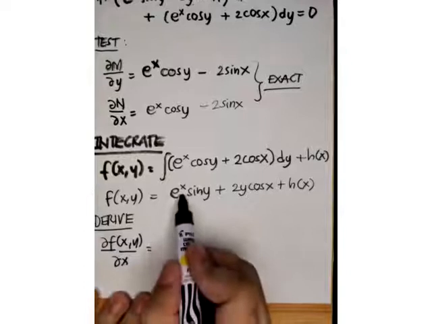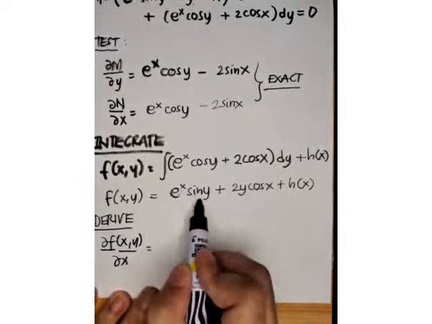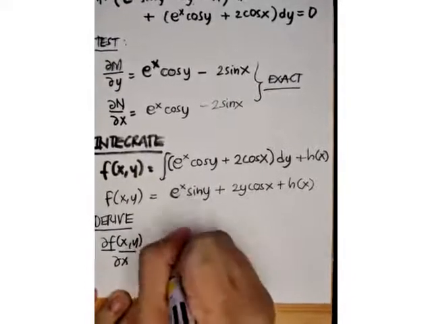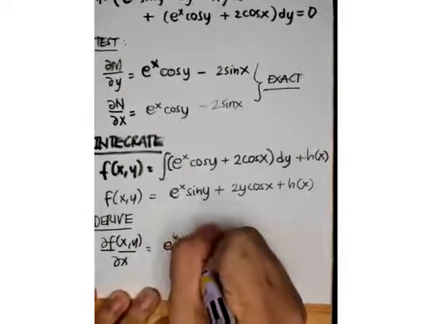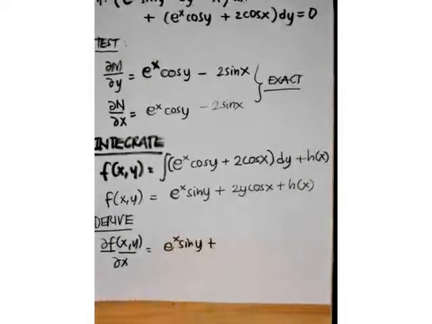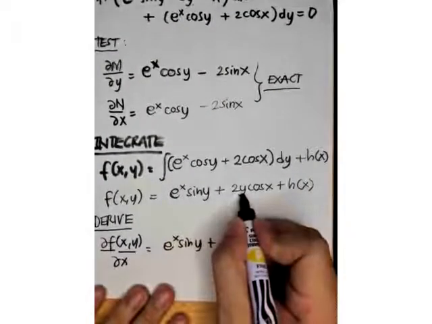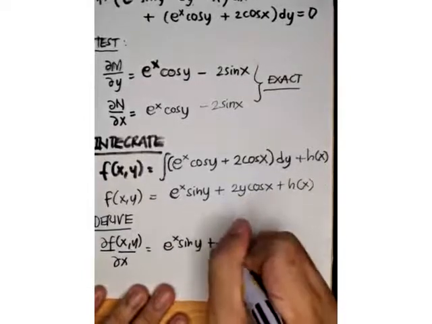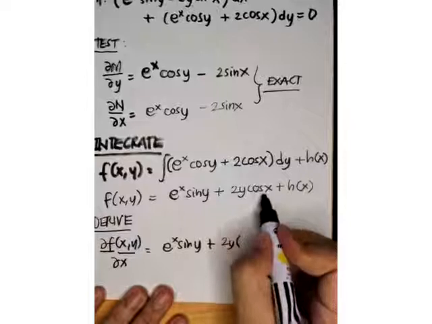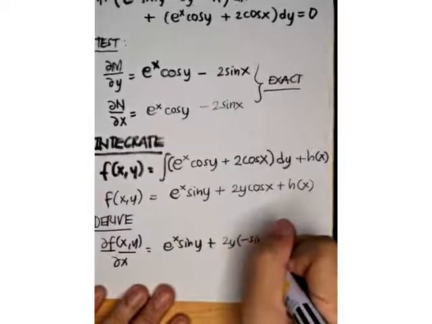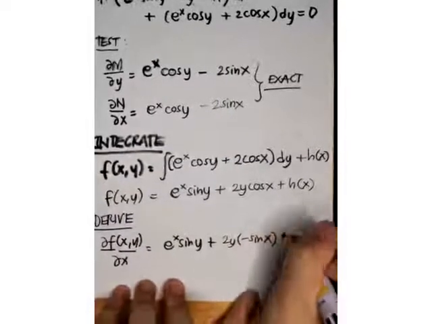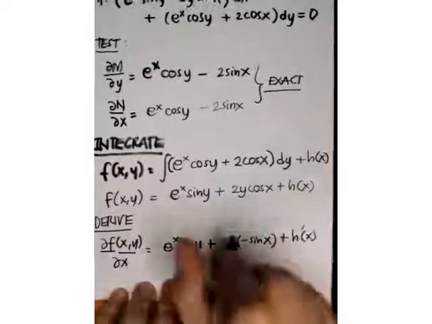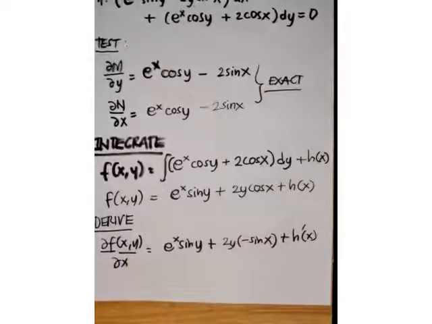The derivative of e raised to x, wherein sine y is a constant, is still e raised to x sine y. Plus, 2y is a constant, and the derivative of cosine x is negative sine x, so minus 2y sine x, plus h of x prime.